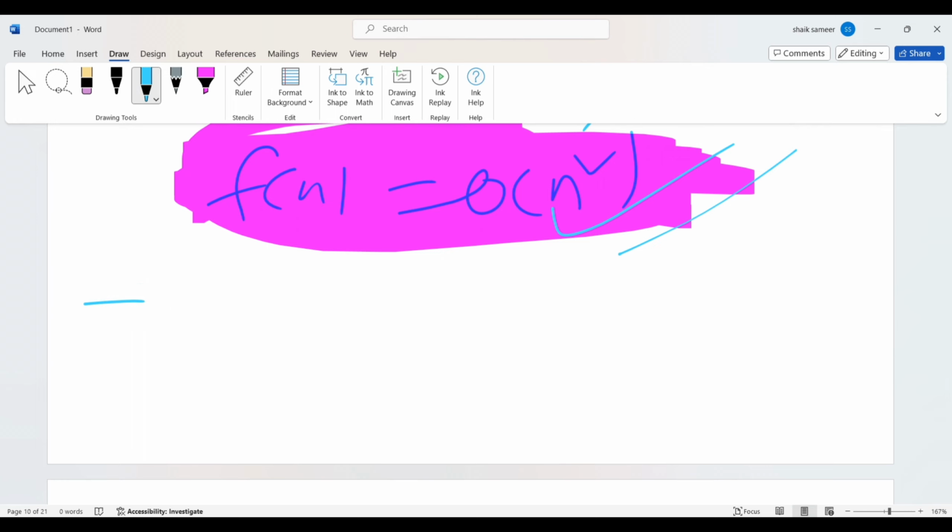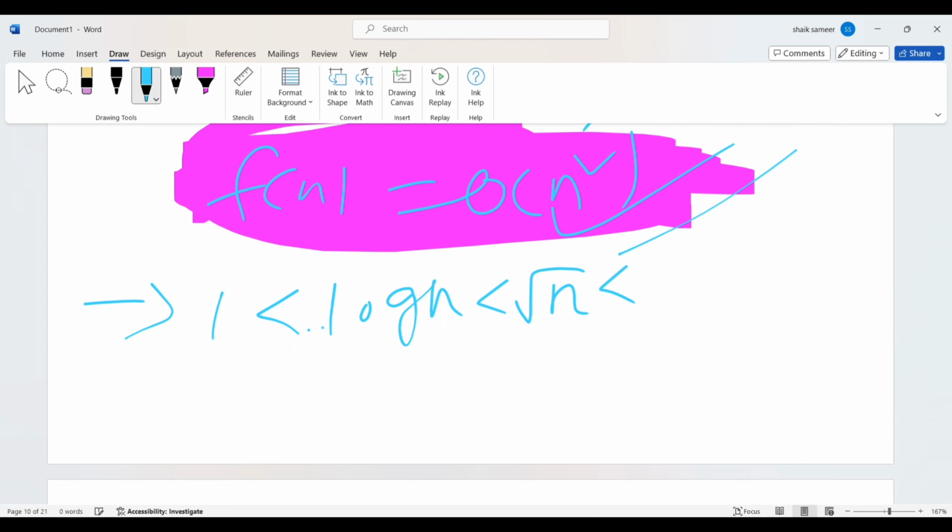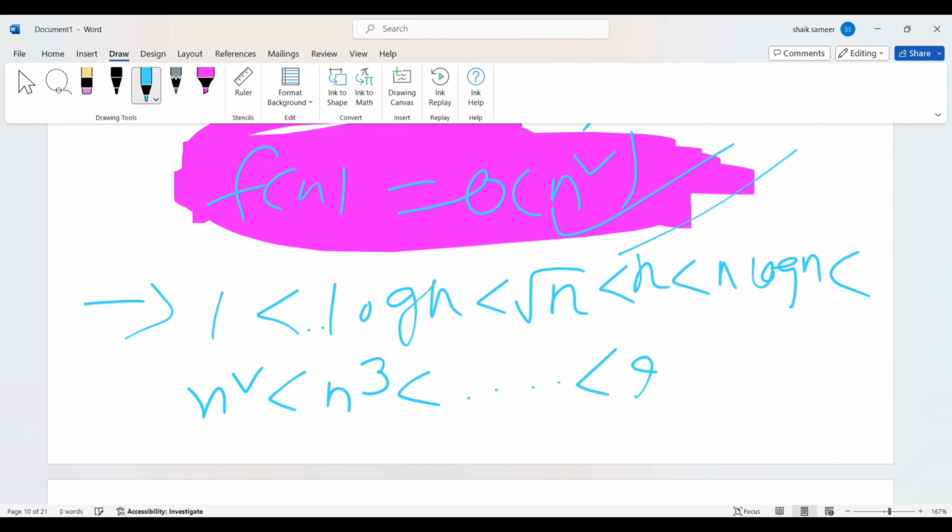Remember, previously I taught you an order like this. If you don't know it, please watch that video once. 1 less than log n less than root n less than n less than n log n less than n square less than n cube less than 2 power n less than 3 power n, and so on. So I have taught you this order.